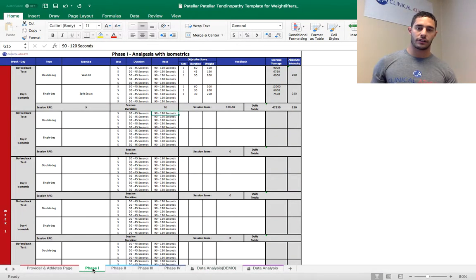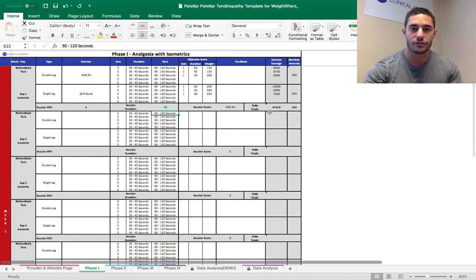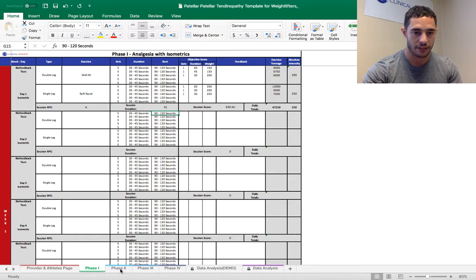And we're not necessarily trying to build from week to week to week in regards to our progression of isometric exercises. This phase one is only a week long. It's just to introduce them to the load and hopefully to increase their load tolerance so they can move to reps. So these numbers are really just for your reference in the moment. If you're in phase one, you can have those metrics for the athlete and for you.